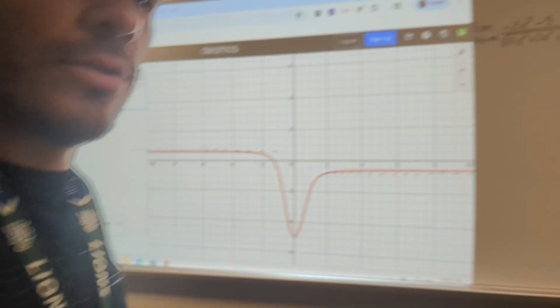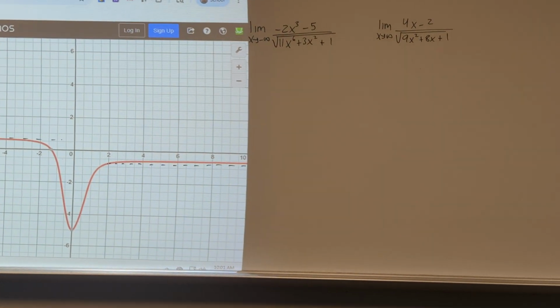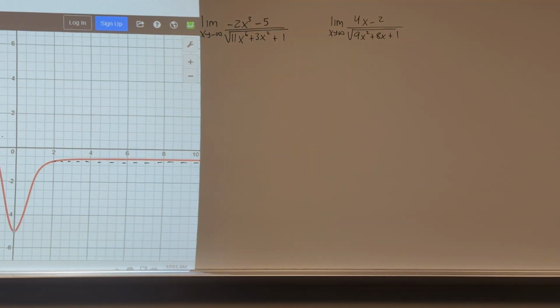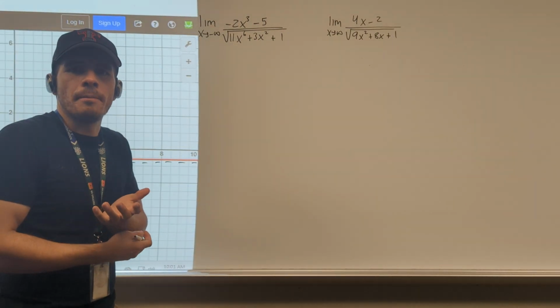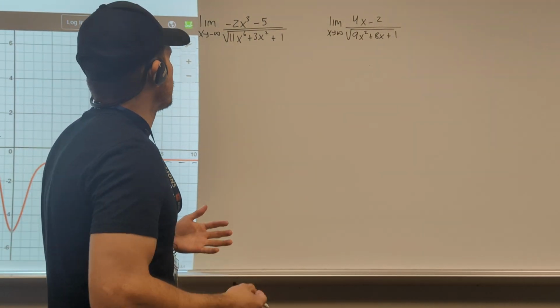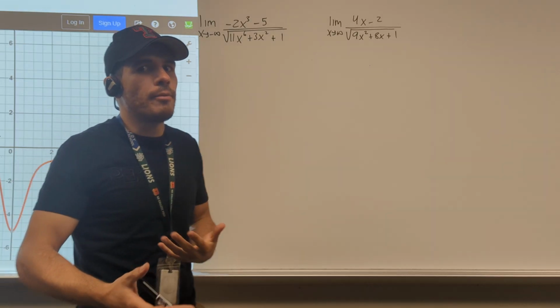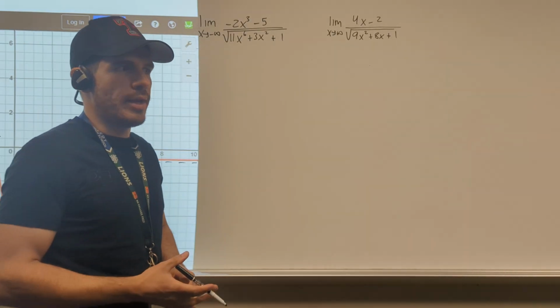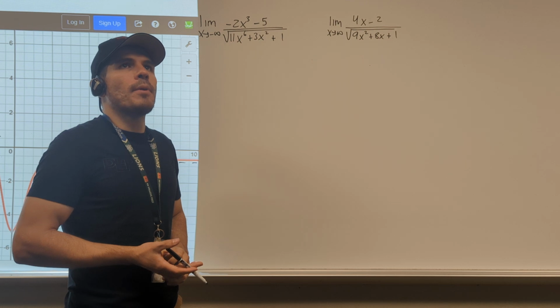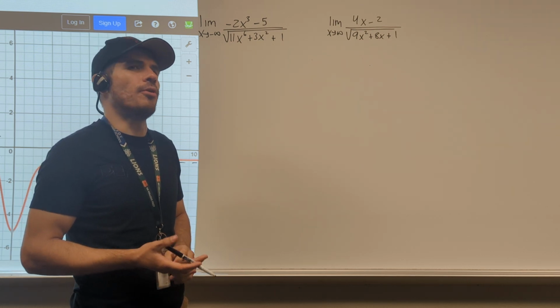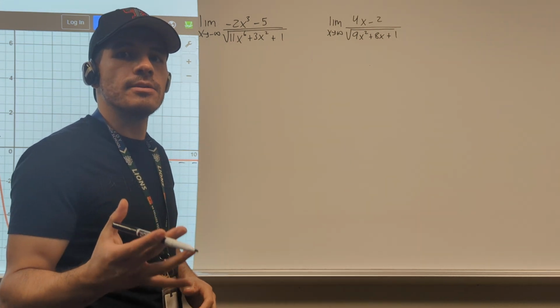So let's go back to the problem here on the board. The fact that this is a rational function makes me think I should be able to compare powers, okay? Now, some students get a little bit tripped up about what I'm about to show you because it kind of breaks what you know about square roots. But remember, when I am comparing a rational function, all I really care about is the highest degree term.